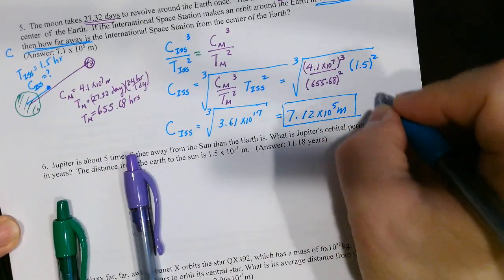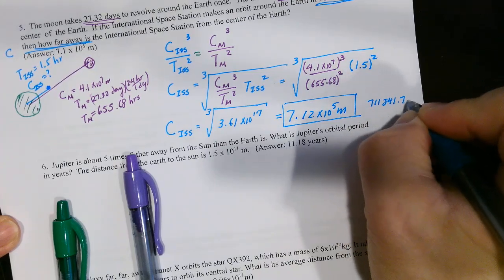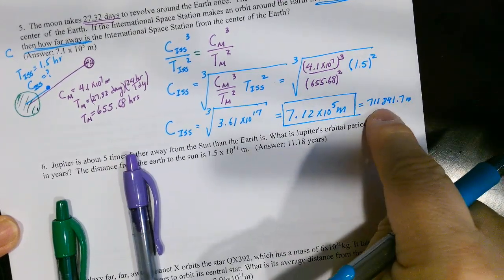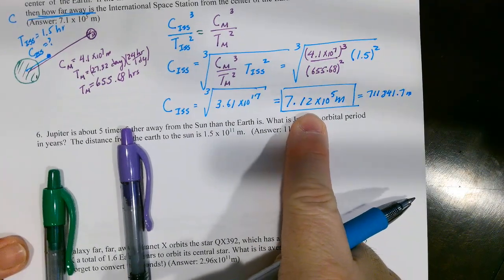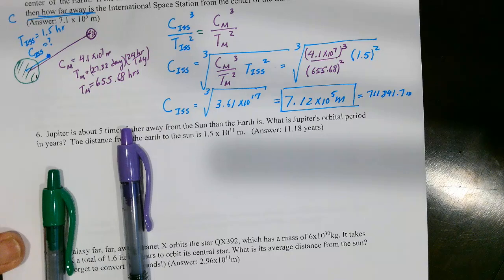If you get the digits, you actually get 711,841.7 meters. But if you want to put it in scientific notation, this is what you get.